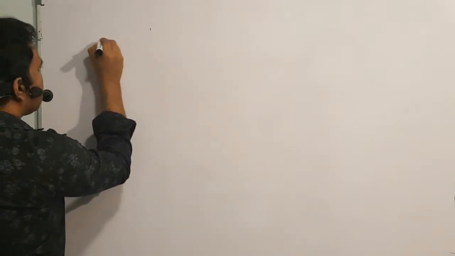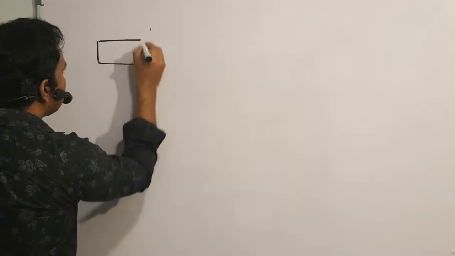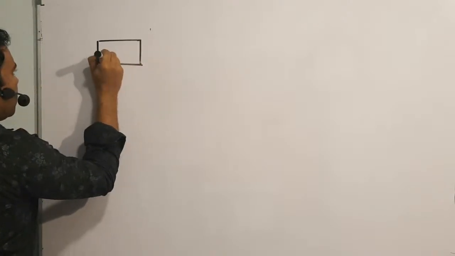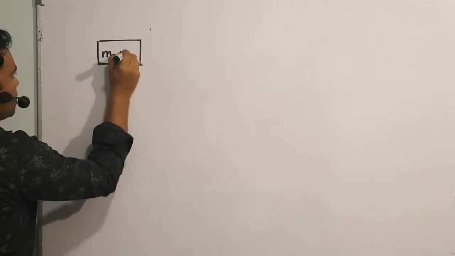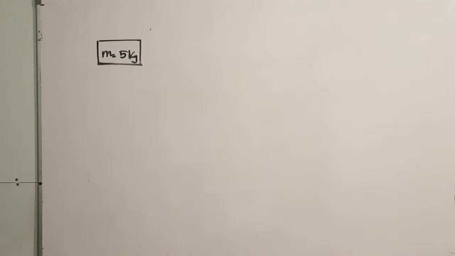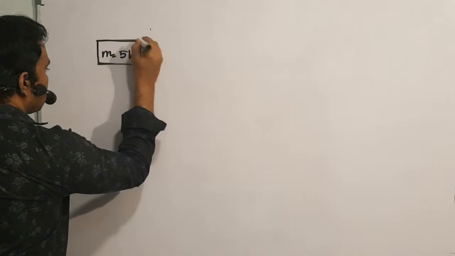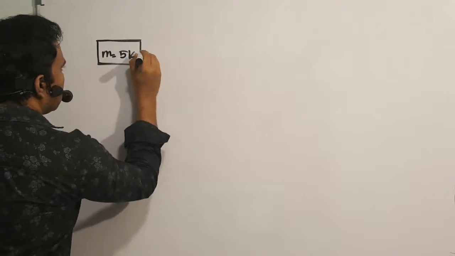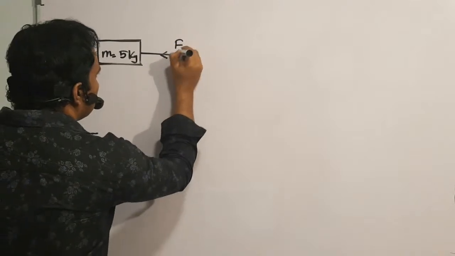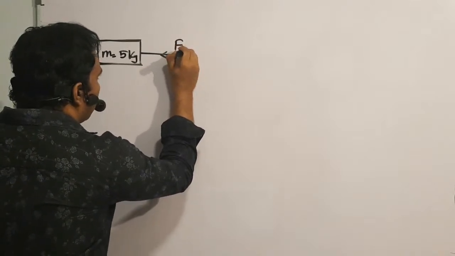Look at this. Here's an object. We know only the mass of this object, that's 5 kilogram. Mass of the object is 5 kilogram. There's an external force F. So that's F1.